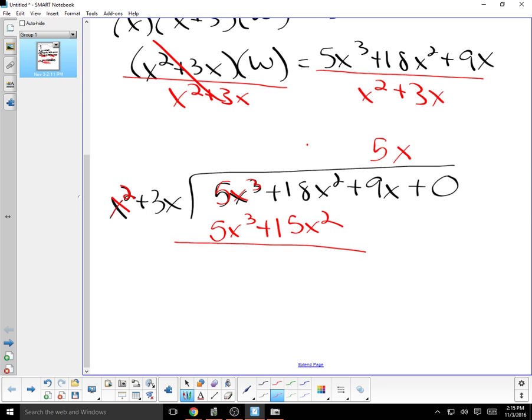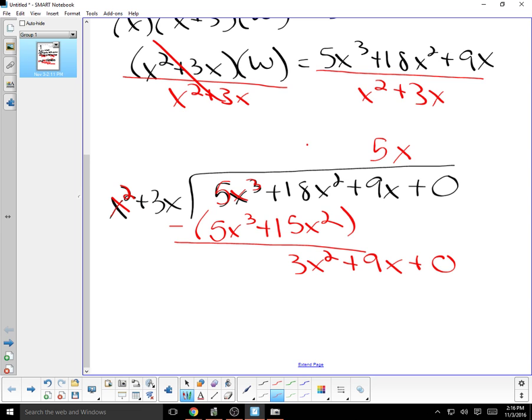What do I do at this point? Subtract, which means change the signs, right? So 5x cubed minus 5x cubed is 0. 18x squared minus 15x squared would leave me with 3x squared. So 3x squared plus 9x plus 0.